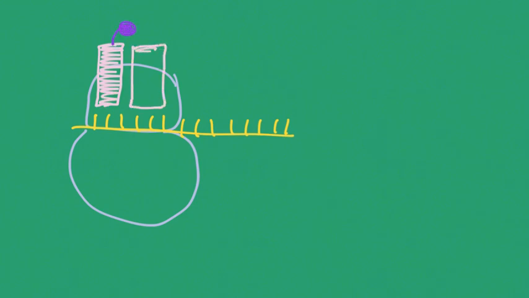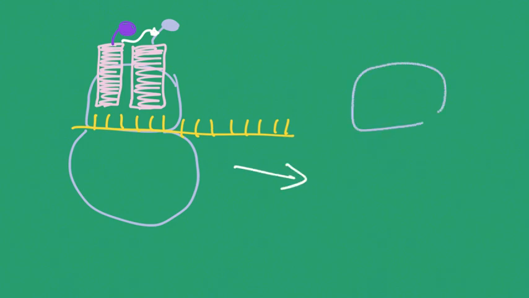We just saw the first tRNA bringing with it its amino acid, which is methionine. This first tRNA hands off the methionine to the second tRNA. Once it does that, the first tRNA is ready to leave.